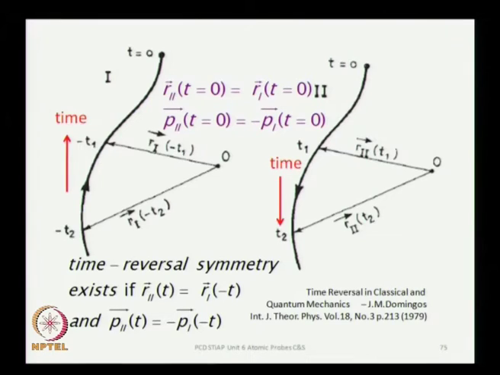This diagram shows you the position of these two particles, particle 1 and particle 2 at t equal to 0, and these are the momenta of these two particles at t equal to 0, except that the momentum of the second particle is opposite to that of the first particle, and this is the criterion for time reversal symmetry.